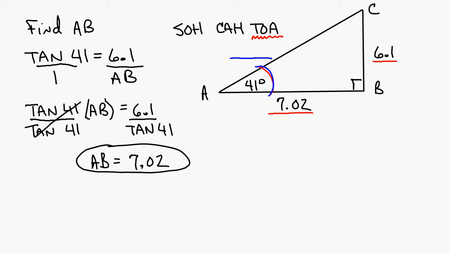So let's use the 6.1 again. So in relation to the 41-degree angle, you've got opposite and you're trying to find hypotenuse. Which ratio? Opposite and hypotenuse. So now your proportion is going to be sine 41 equals opposite, which is 6.1, over hypotenuse, which is AC.